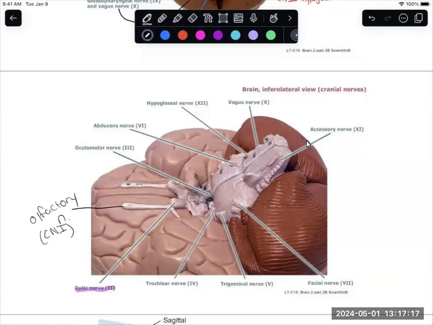So you've got 1, 2, there's 3, 4, 5, 6, 7, 8, 9, then 10 in here. Then this whole thing is 11, and then 12 in here.